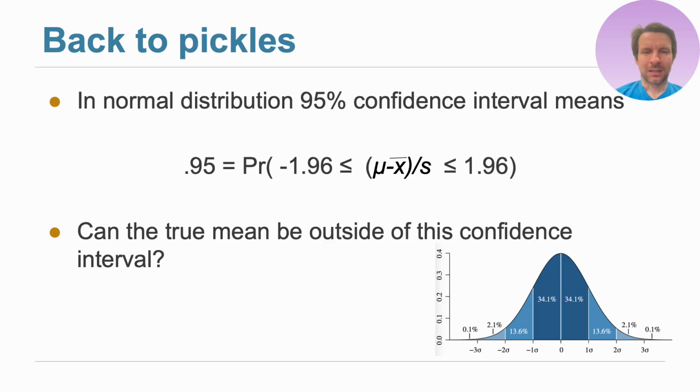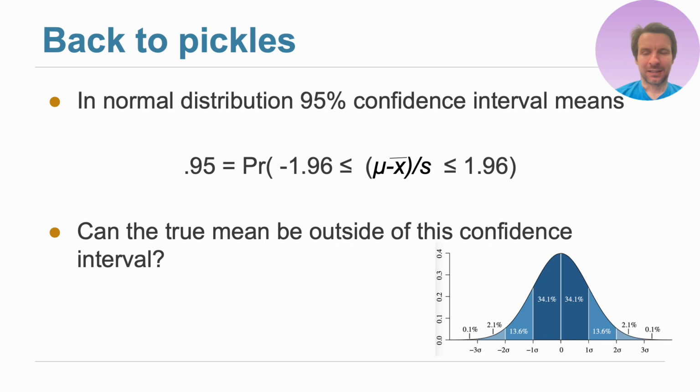Right? When we do the calculation, we are likely to be within 2 standard deviations of the true mean. Right? That's the explanation: the sample means that we created are normally distributed around the true mean.